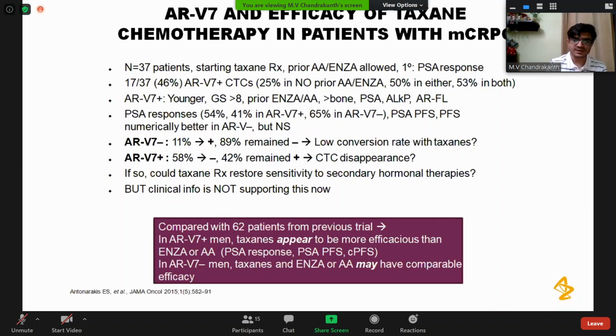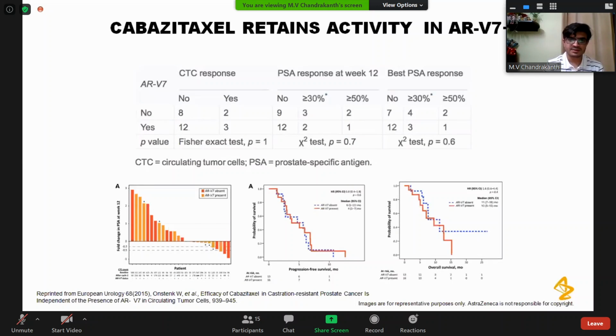So whenever we have a primary endocrine resistance, or we have acquired resistance, then the choice should be chemotherapy rather than a hormonal therapy. Again, this is another slide saying that in pre-docetaxel patients, if you have ARV7, then cabazitaxel is the way to go rather than giving them hormonal therapy.